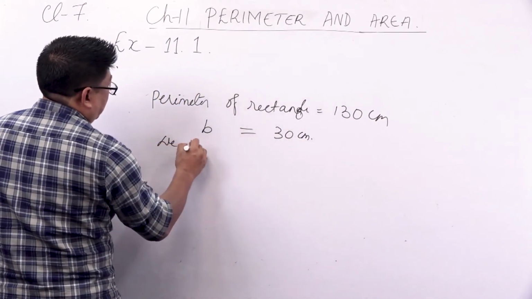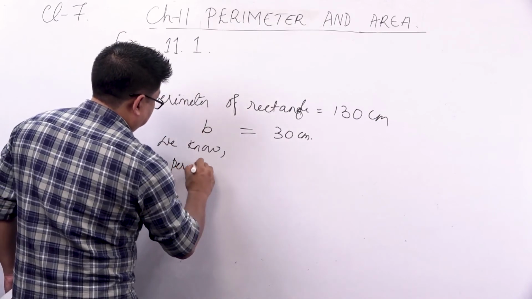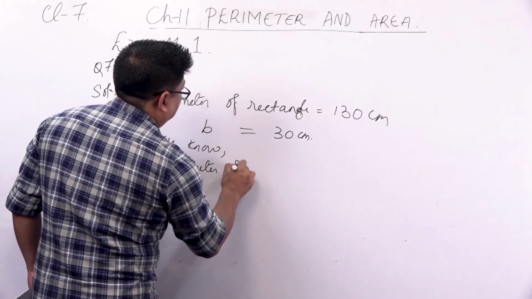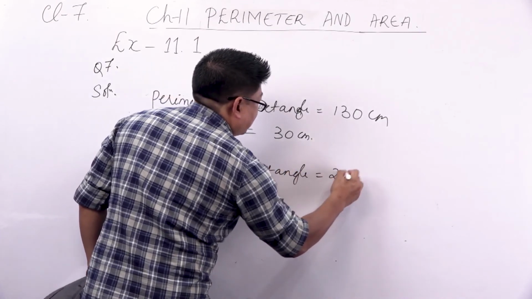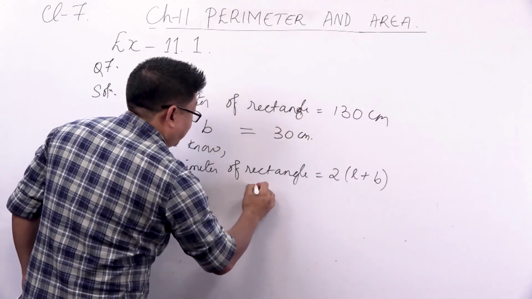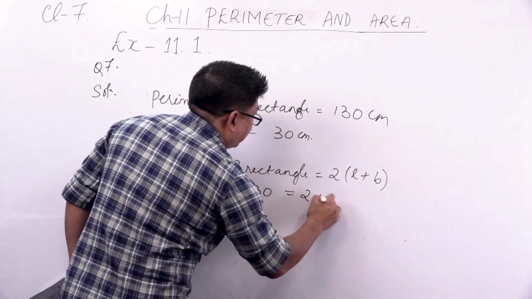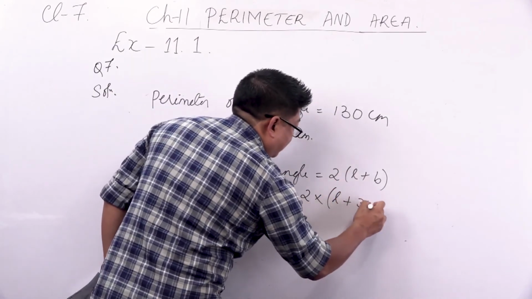Now we know perimeter of rectangle is 2 into L plus B. Perimeter of rectangle is already given, 130 is equal to 2 into L, which we do not know, B is given 30.